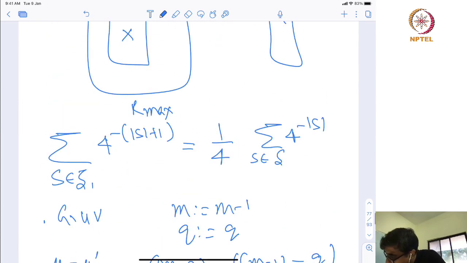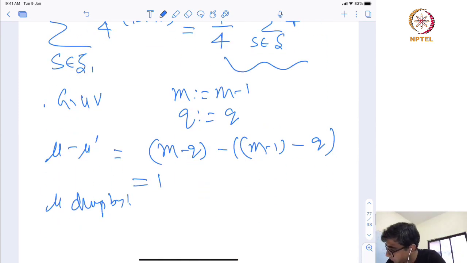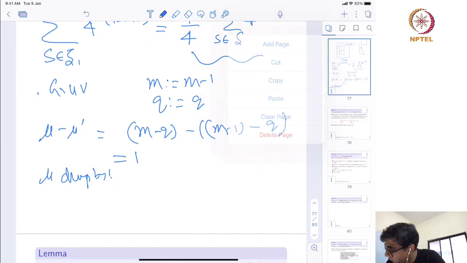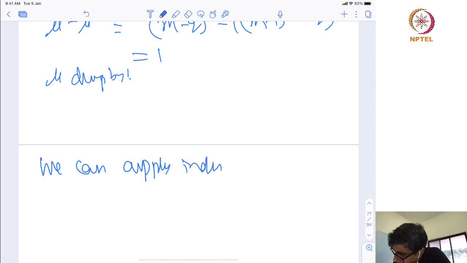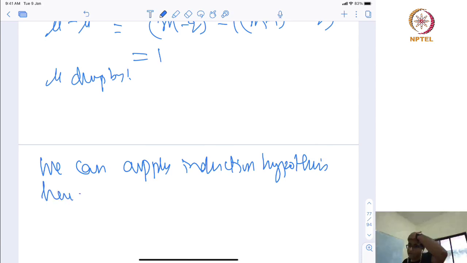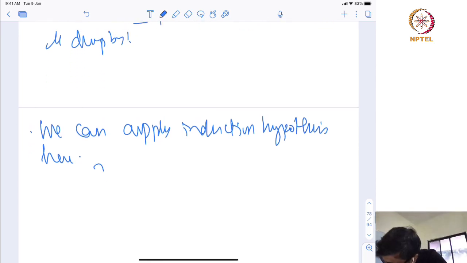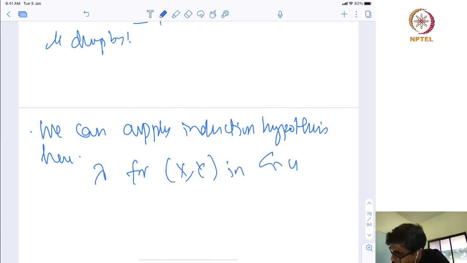So we can apply the induction hypothesis here, okay? But now we also have to find what is the lambda for X comma Y in G minus UV.